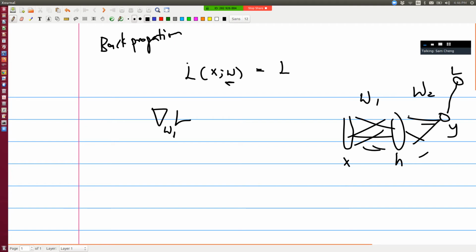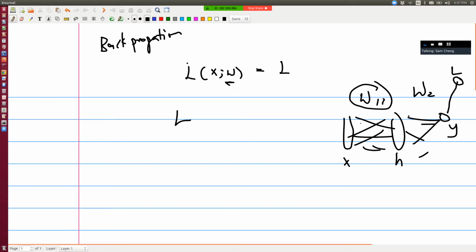My notation will be complicated. I'm thinking that maybe not the entire W1, just one element inside this weight.